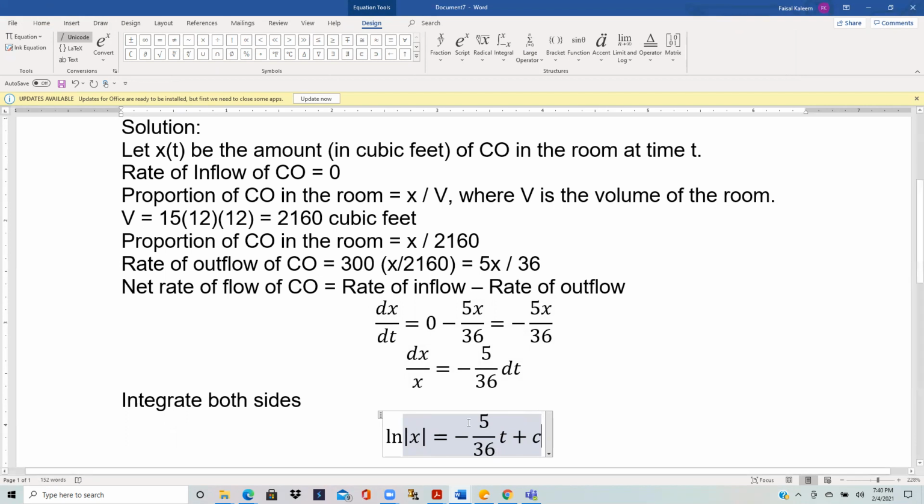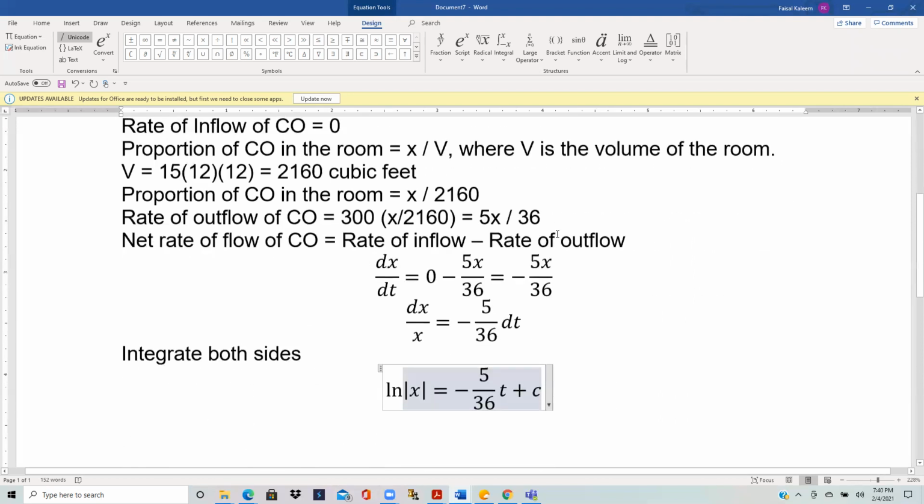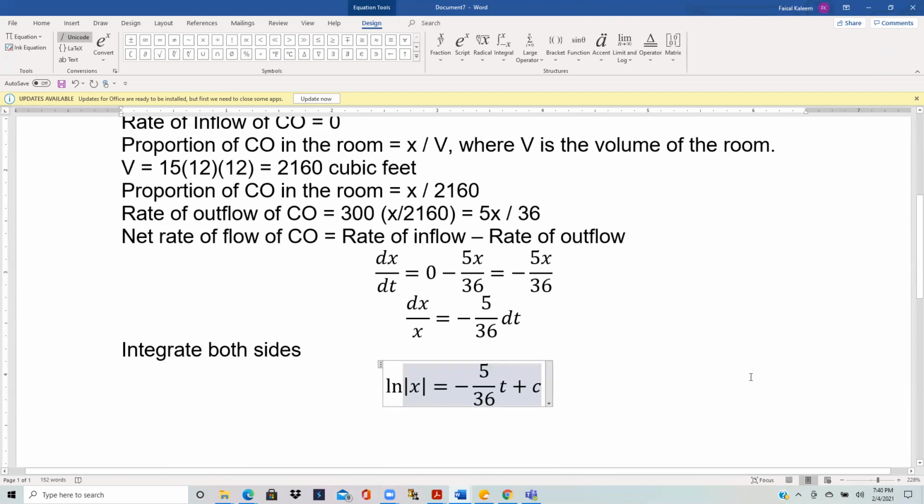Okay, now let's see what the initial condition is. The initial condition is the initial amount of carbon monoxide. The air is 3% carbon monoxide, and the total volume is 2160.